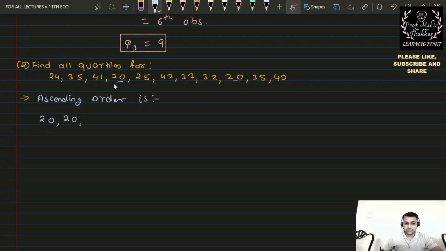So after 20, the next number that we have is 24, 25. After 25, the numbers that are available are 32, 35, 35 for 2 times.